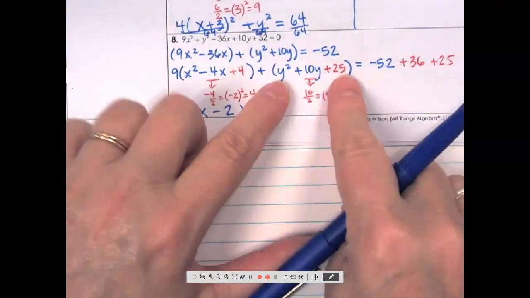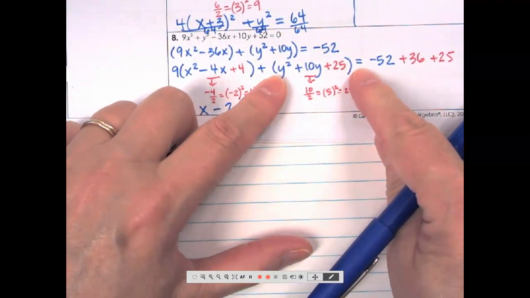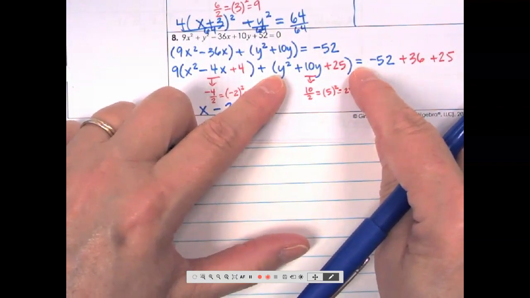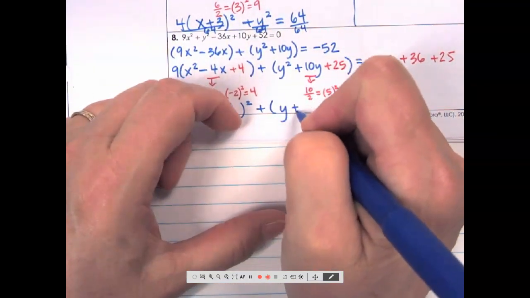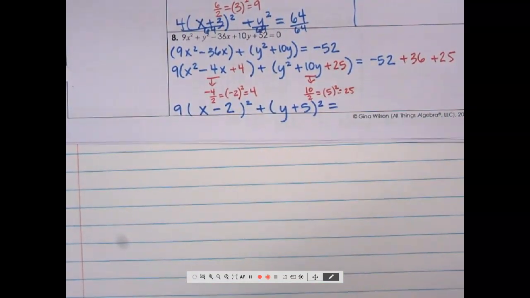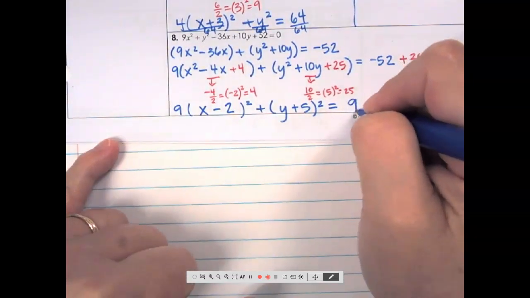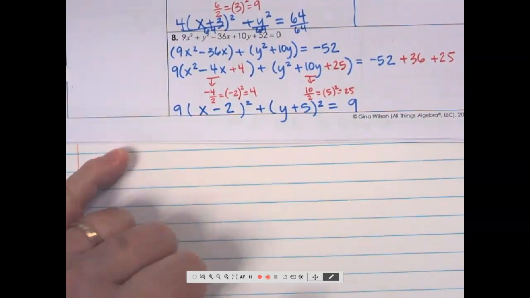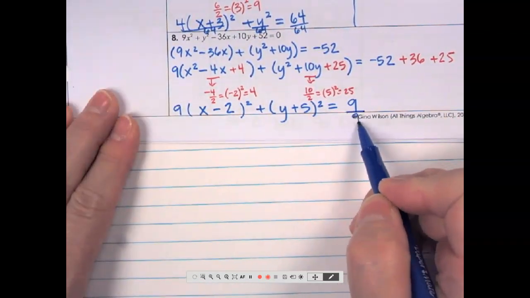Okay. Factors here would be what? Y plus 5 squared. And let's add up that right-hand side. Let's see, that's 61 minus 52, 9. Divide everything by 9 and we'll be done.